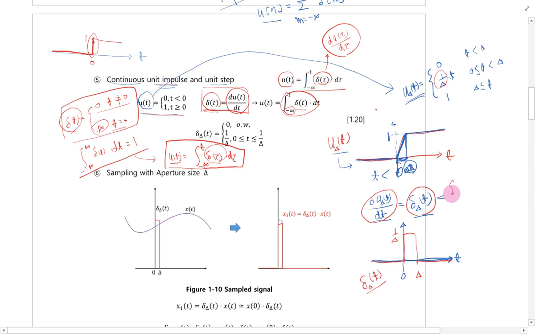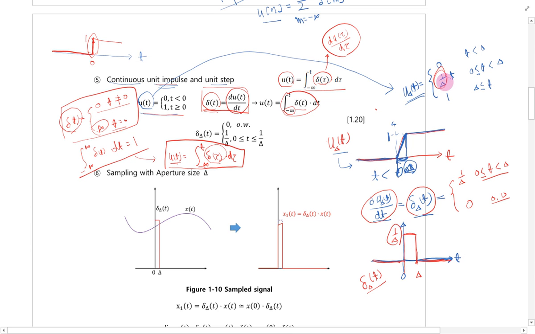This can be described this way. If t is between 0 and delta, then this is 1 over delta. In the other case it is 0. That's this slope.